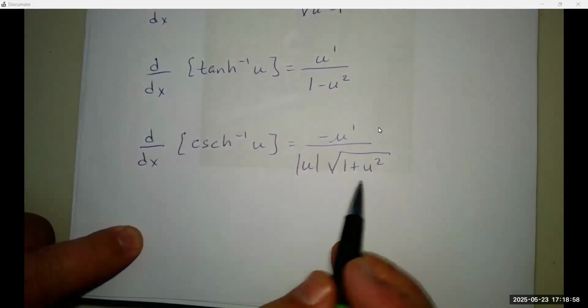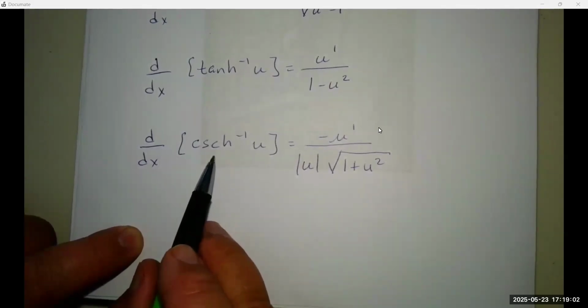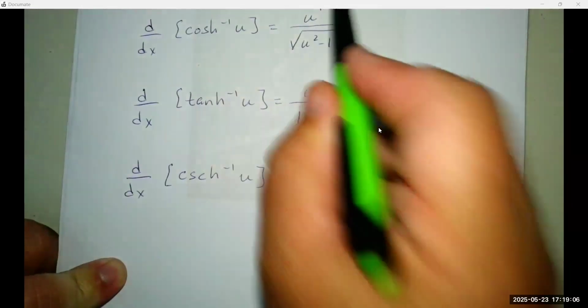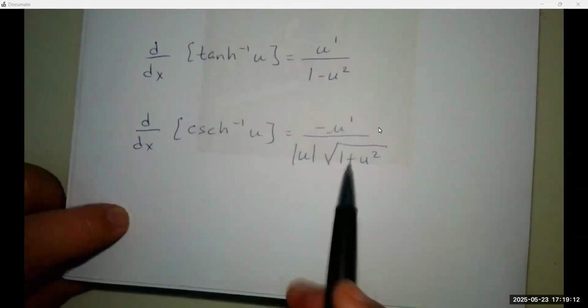Again, it's very similar because remember the cosecant is the inverse of the sine function. That's why it has the 1 plus u squared. And for the absolute value sign, because of the period in which it travels.